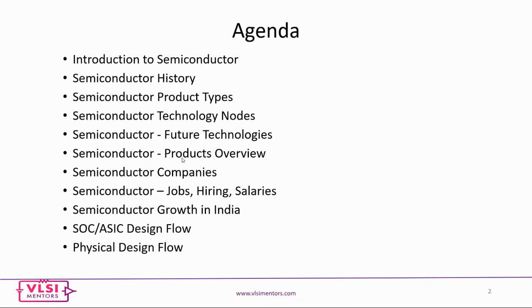Then a semiconductor products overview: what kind of products the industry is currently working on, and what the different companies are. Internationally, what are the types of companies, say EDA companies, product companies, services, and fab.